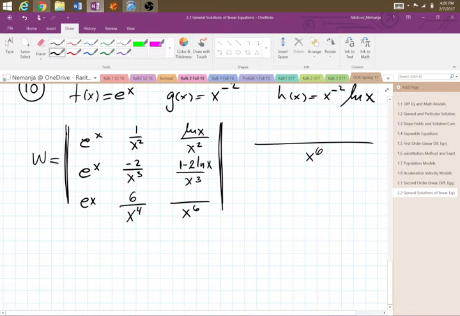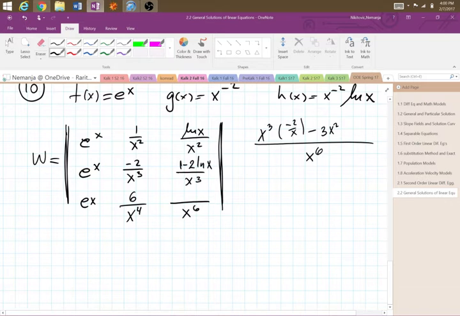So copy as is times the derivative of the inside, which is just negative 2 over x, minus 3x squared, plus.